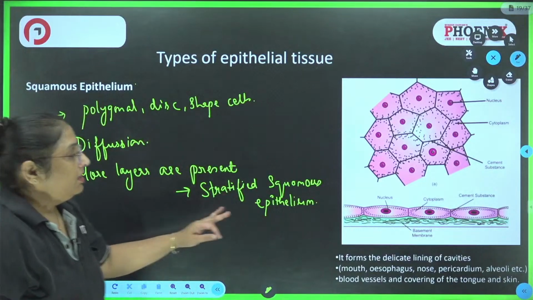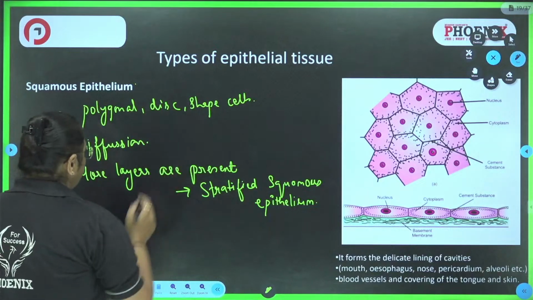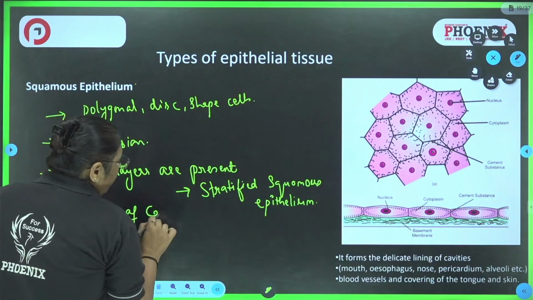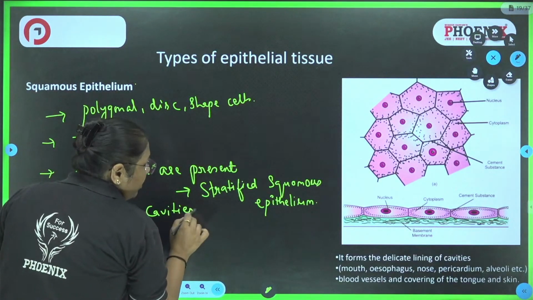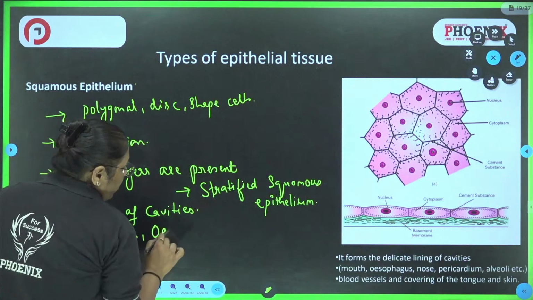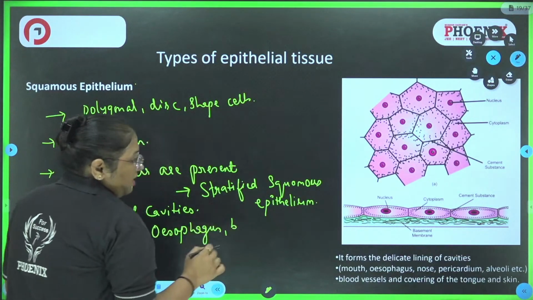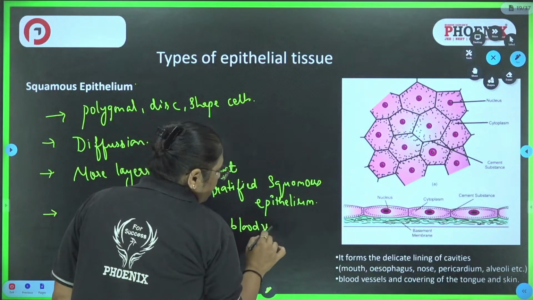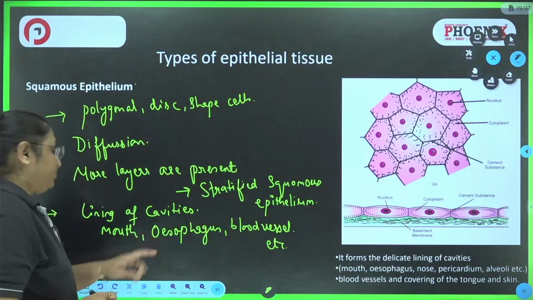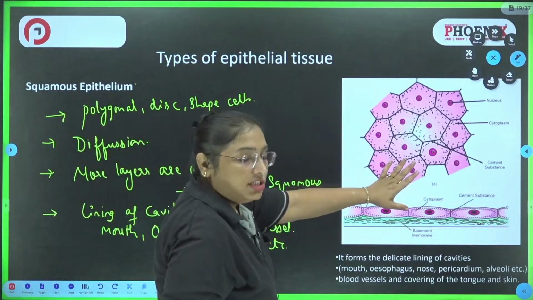It forms the delicate lining of the cavities. We can find squamous epithelium in the lining of cavities like mouth, esophagus, inside the blood vessels, etc. So squamous epithelium has a polygonal shape and very little intercellular space.